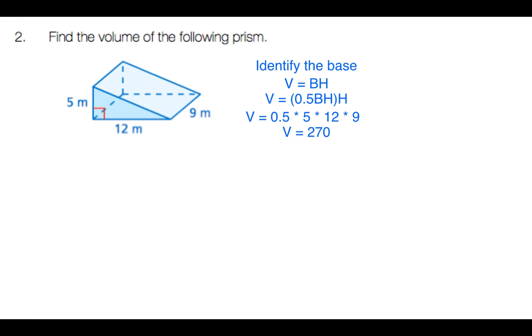And when you do that, we're multiplying 1/2 times 5 times 12. And then our height is 9. And then when you multiply all of those numbers together, you get 270. And then we need to add in our unit, and we get 270 feet cubed, or 270 feet to the third power.